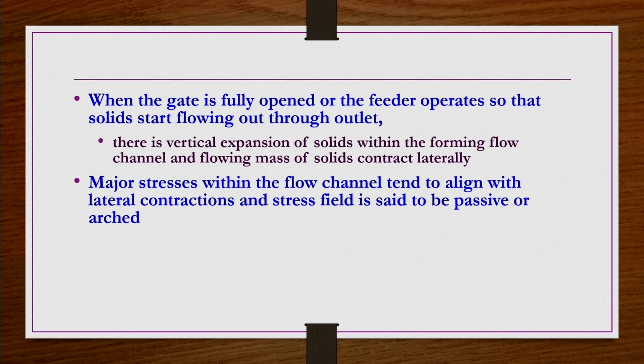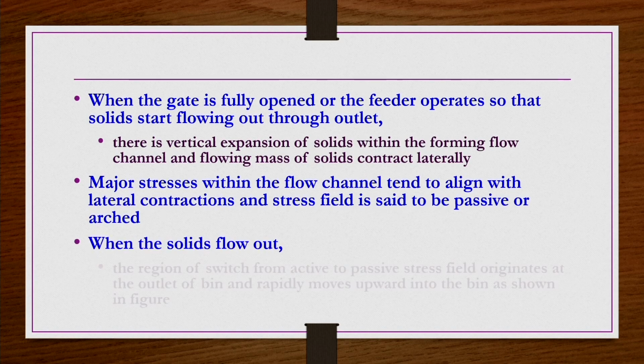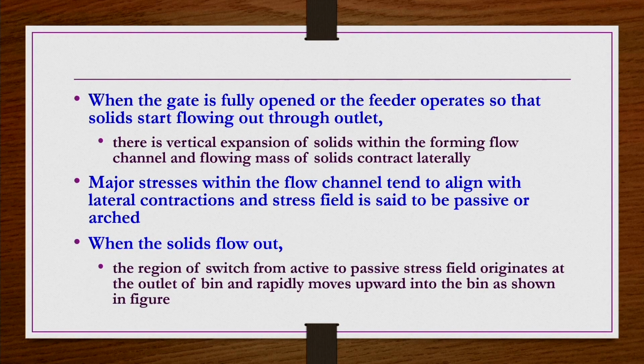Then major stresses within the flow channel tend to align with lateral contraction, and the stress field is said to be passive or arced. When the solids flow out, the region of switch from active to passive stress field originates at the outlet of the bin and rapidly moves upward into the bin, as shown in the picture that I have shown already.